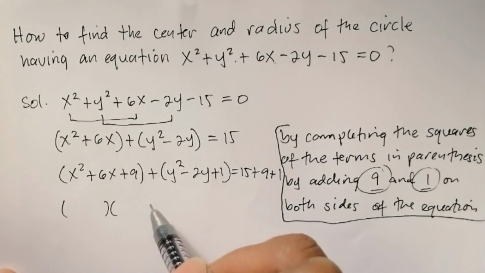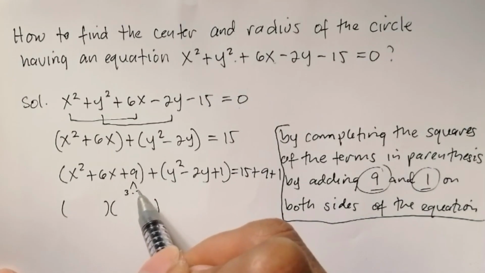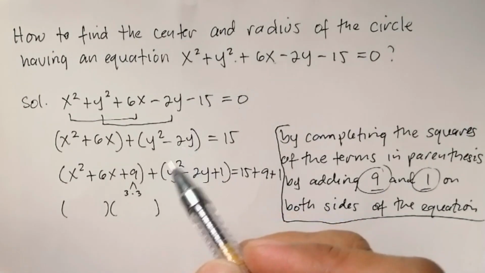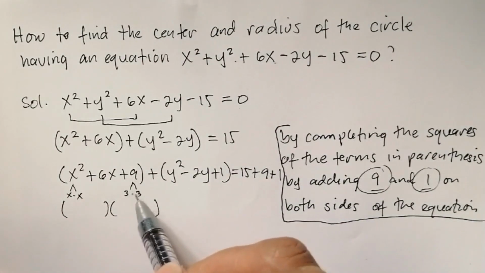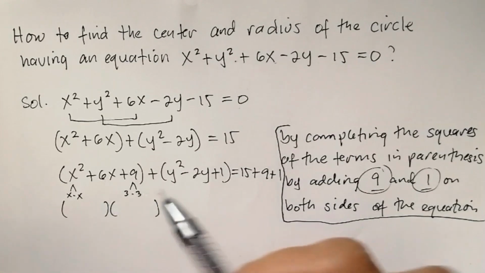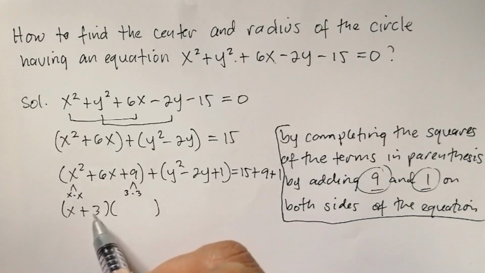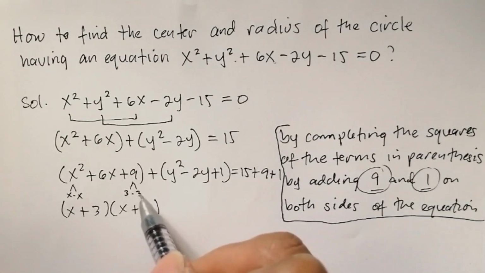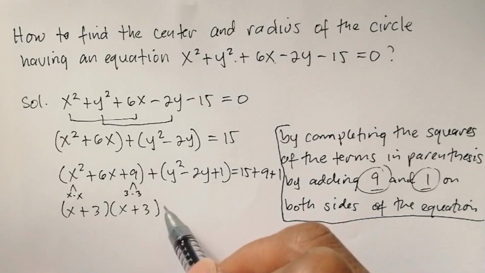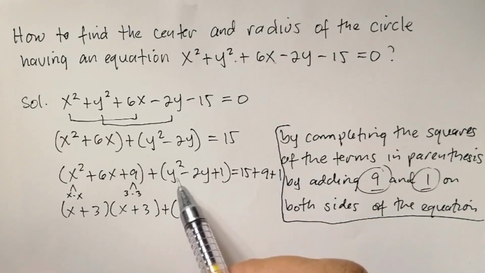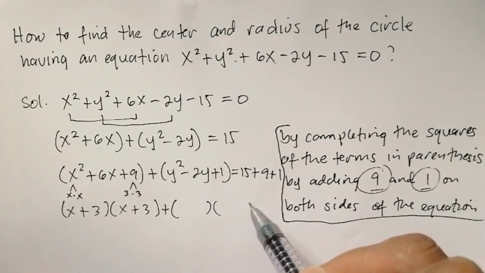Now let's factorize this x squared plus 6x plus 9. And we also factor out bracket y squared minus 2y plus 1 bracket.